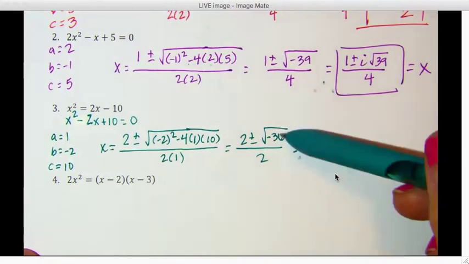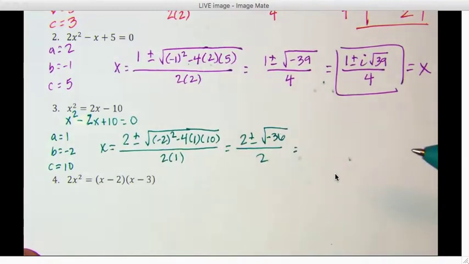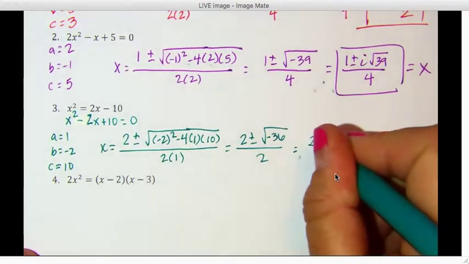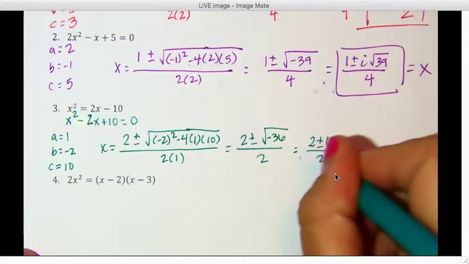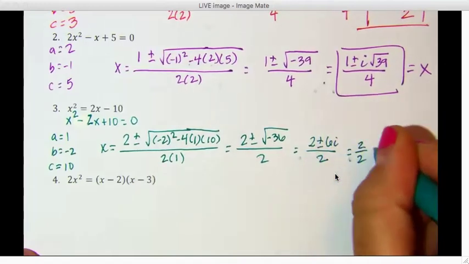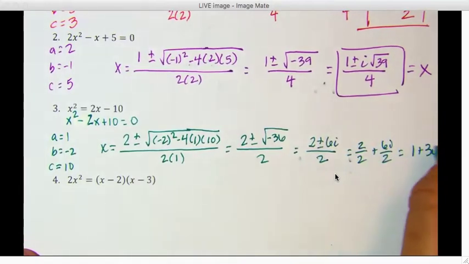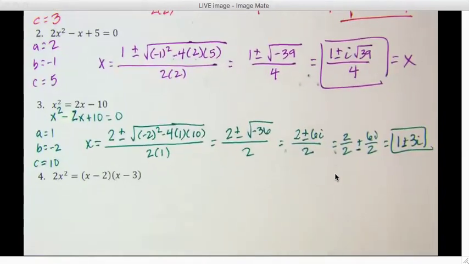Well, we actually did this at the top of the page on section 1, where we simplified the square root of -36. That is 6i, so I have 2 plus or minus 6i over 2. 2 over 2 plus 6i over 2 simplifies to 1 plus or minus 3i. And those would be my two solutions.